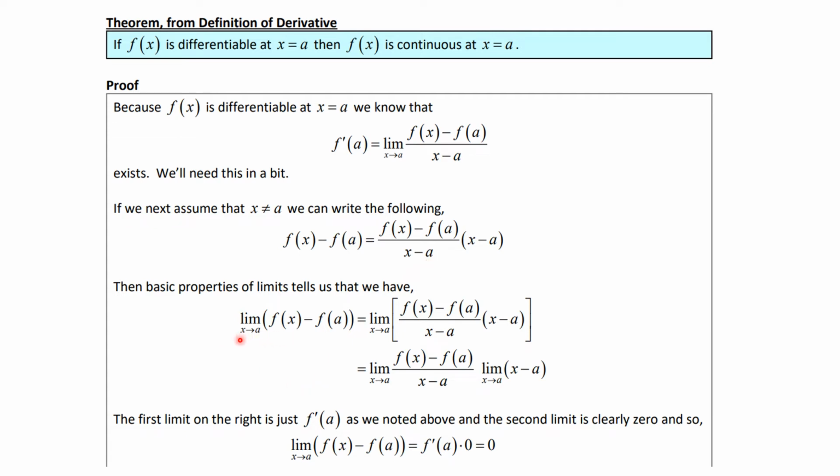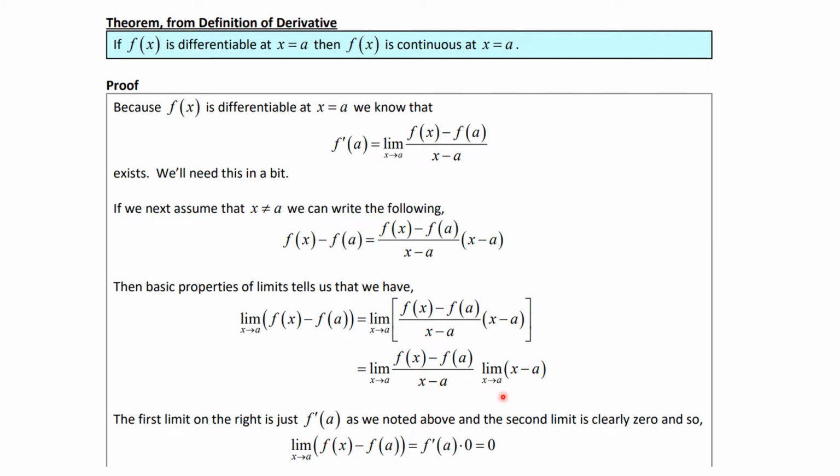Now, by the limit properties, I know I can take the limit of both sides as x tends to a. So here I have the limit as x tends to a of f of x minus f of a, and that's equal to the limit as x tends to a of this stuff. But since we know this limit exists and also the other limit exists, the limit of the product is the product of the limits. Now, this first limit, by assumption of differentiability, is just f prime of a.